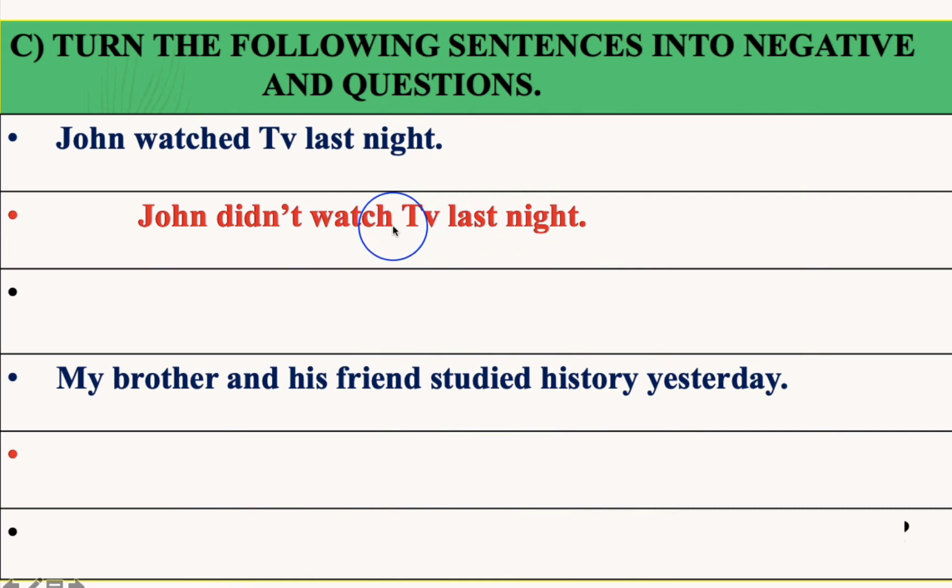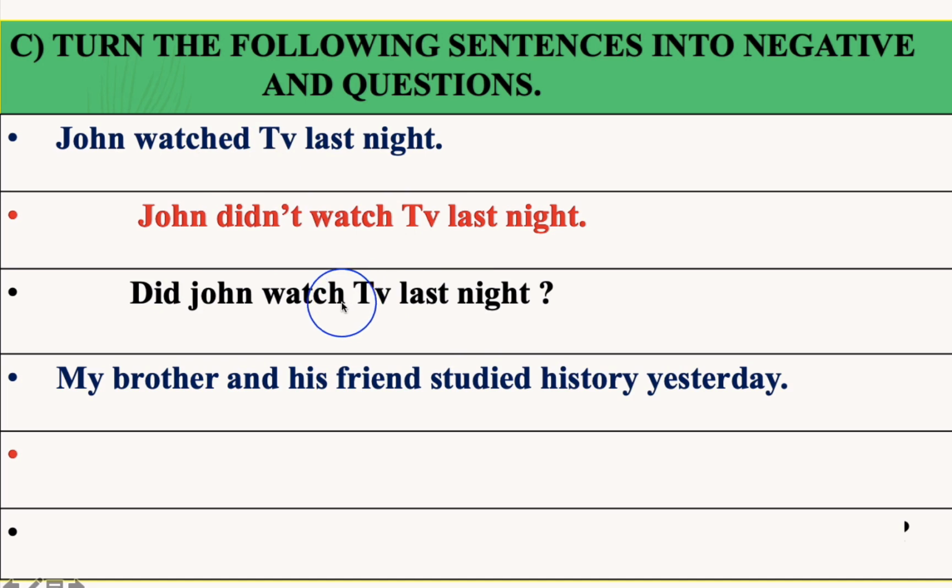Pay attention. So in the affirmative, we have ed, but for the negative, no ed. And also for the question, no ed. So the question is, did John watch TV last night? Okay? So pay attention, negative and interrogative, no ed.